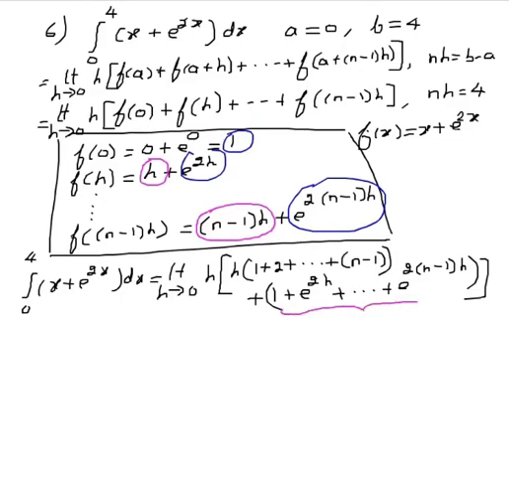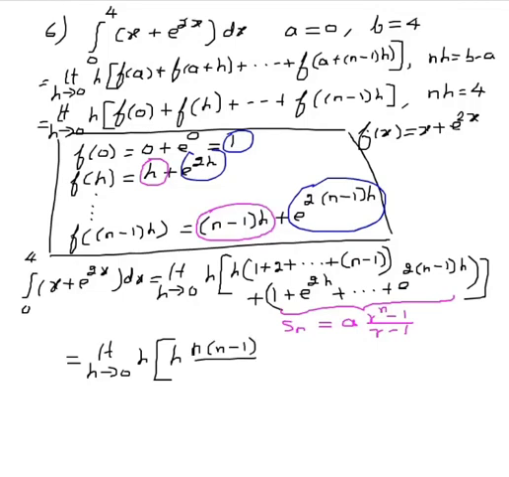And this is a GP. Sum up to n terms of a GP is a into r power n minus 1 by r minus 1, where a is the first term and r is the common ratio. Limit h tending to 0 of h into, let us use the formula for this series, which is n into n minus 1 divided by 2.